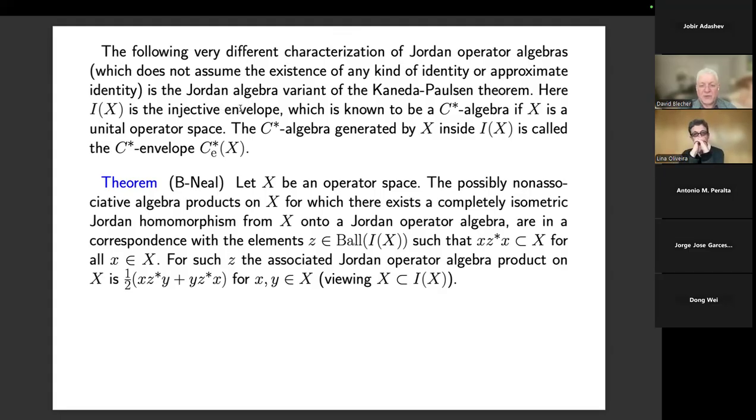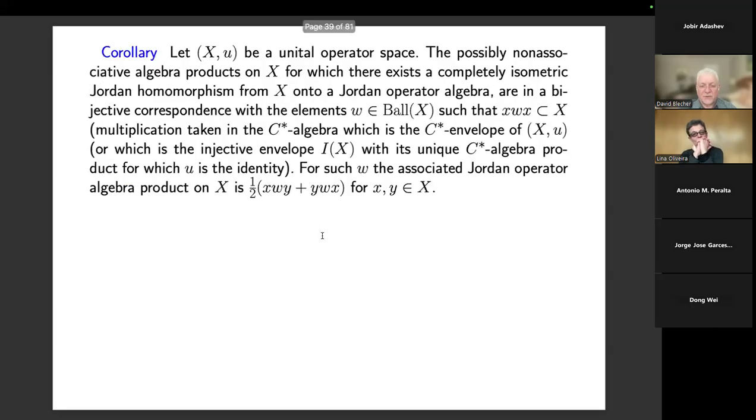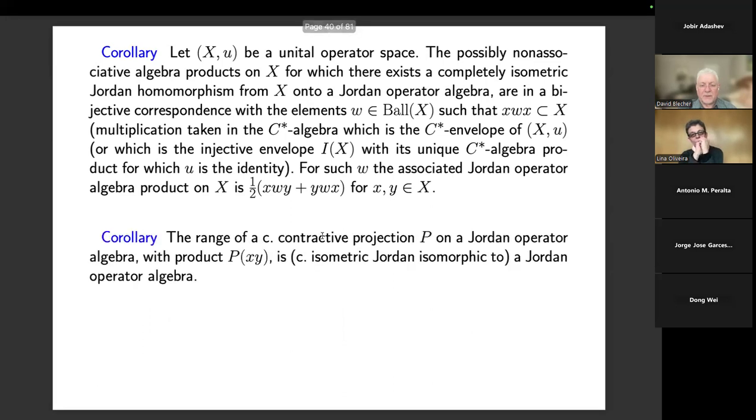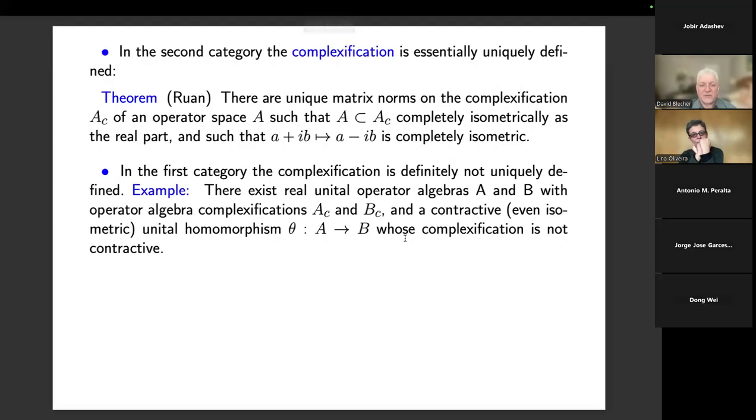The injective envelope of a unital Jordan algebra will be a C-star algebra, and the C-star algebra that it generates inside of it is called the C-star envelope. So here's a characterization in terms of the injective envelope. There's a corollary, a corollary with an application to ranges of completely contractive projections.